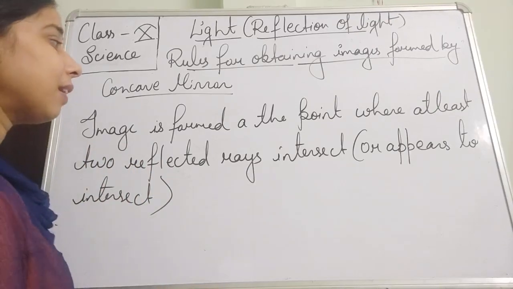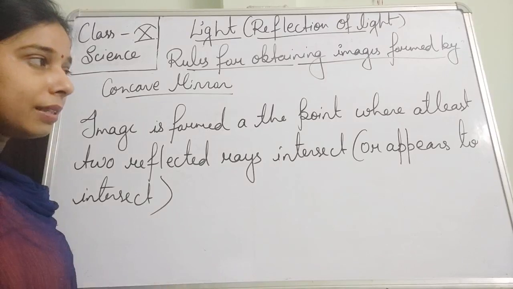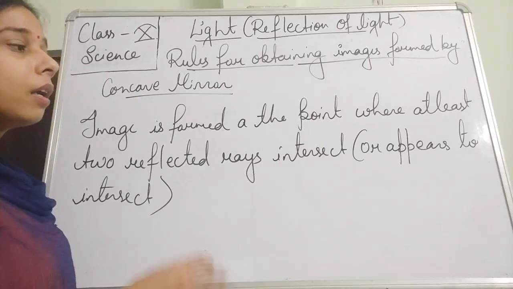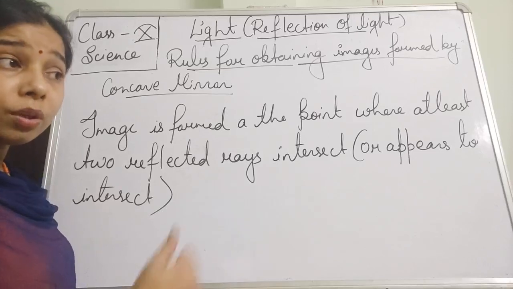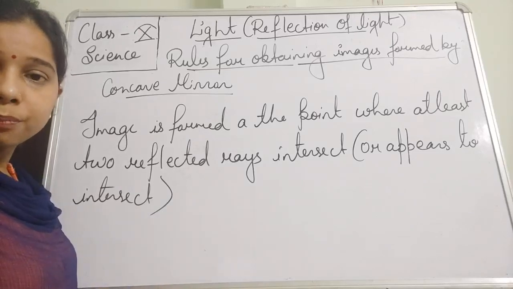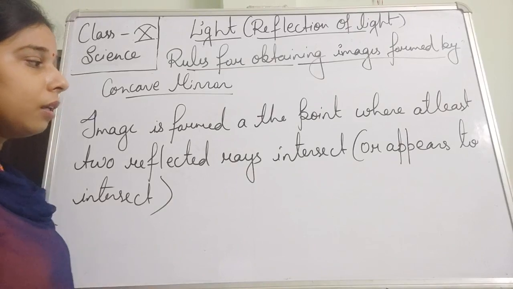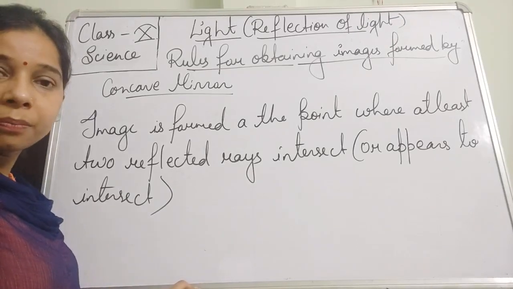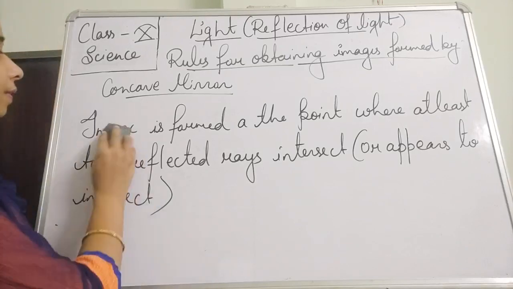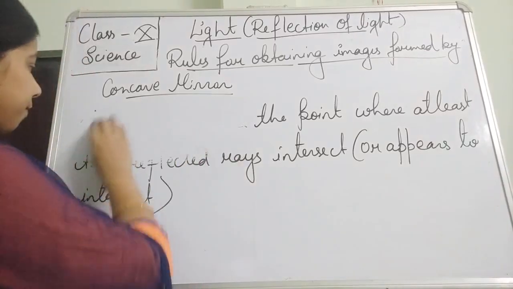That is why it is given that the image is formed at a particular point. It needs at least two reflected rays. So when the two reflected rays meet at a point, then we will say that the image is formed. Now we will move on and see what the rule is.